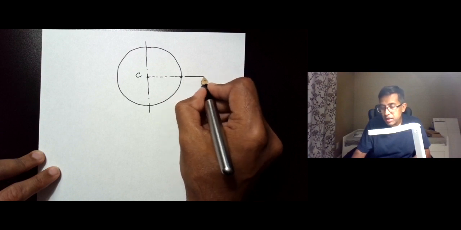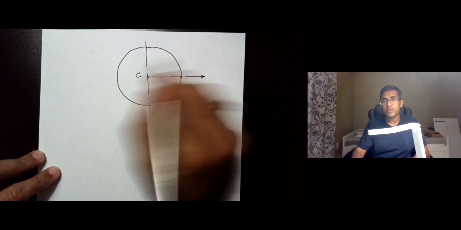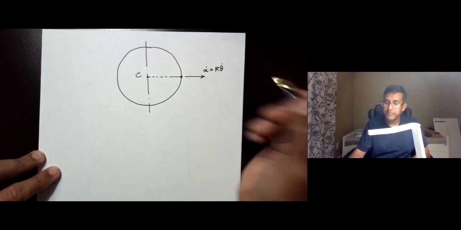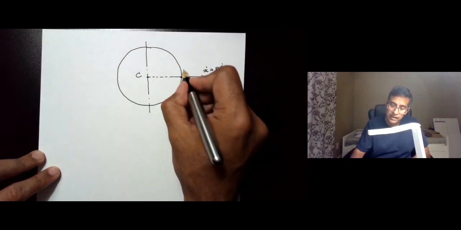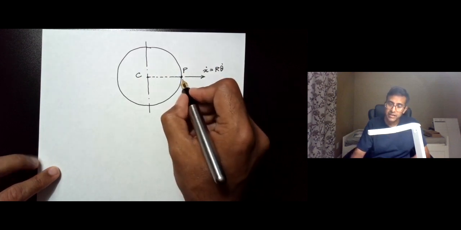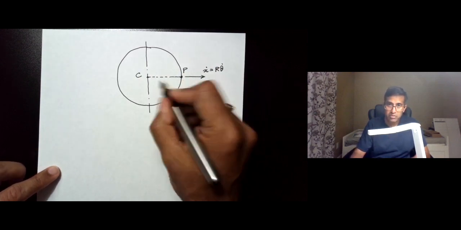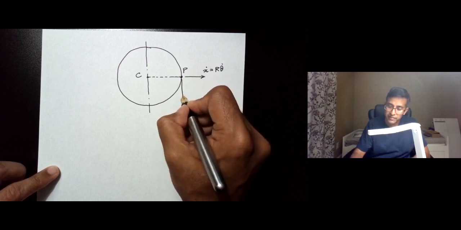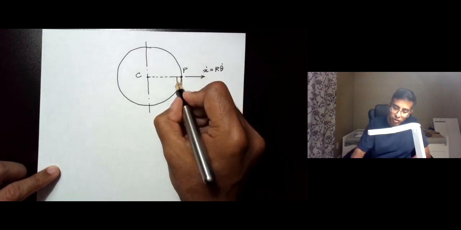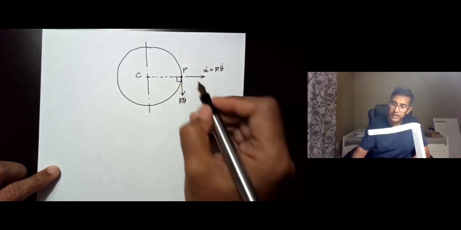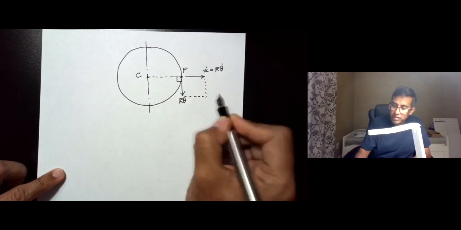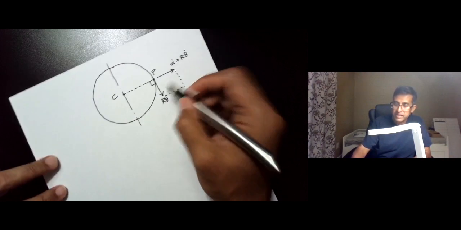So here the velocity due to the translation is x dot equal to r theta dot, and this is our point P. It is at a distance of capital R, and the velocity that the point P has due to the rotating motion of the disk is also r theta dot, right? Remember that this is always perpendicular to the CP line, so these two vectors have the same magnitudes.